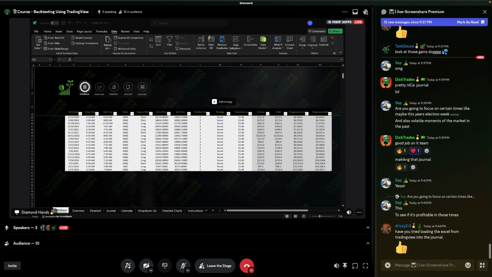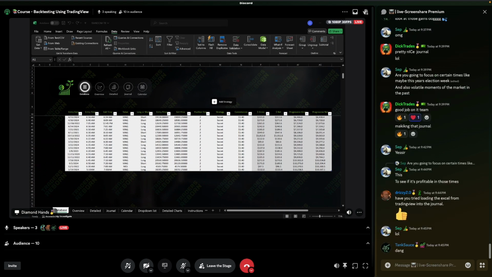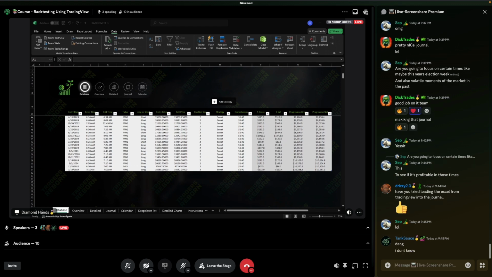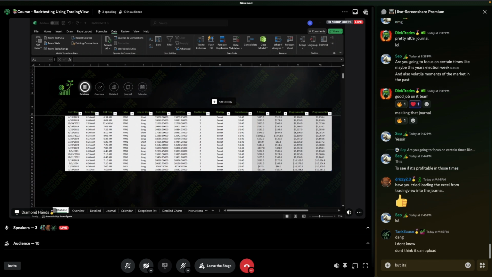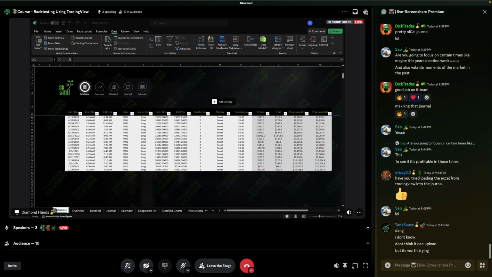I'm not sure if Tank knows how to do it since he's the brain in this, or Slim. I don't know, but it's fine. That way, you guys can get good at typing on Excel.